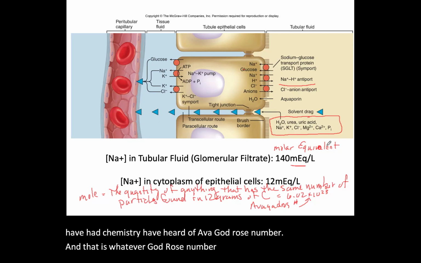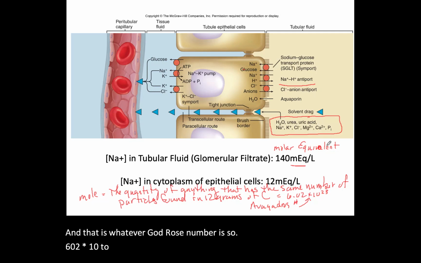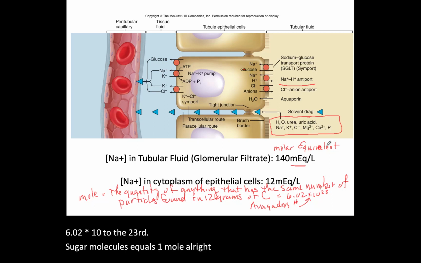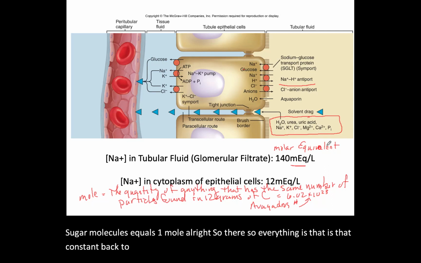So 6.02 times 10 to the 23rd molecules of sodium equals 1 mole. 6.02 times 10 to the 23rd sugar molecules equals 1 mole. All right, so everything is that constant back to 1 mole.